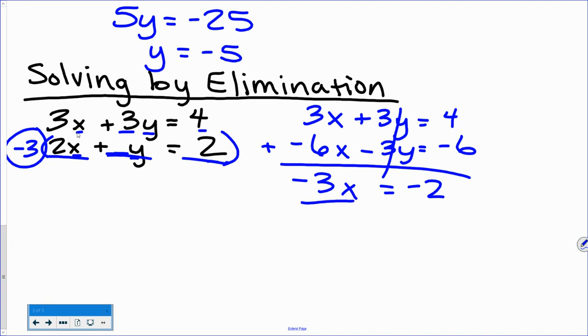So then I can go ahead and divide each by -3. So now my final answer for x would be a positive 2/3. So this would be a case where it would not be a good thing to use a graph.